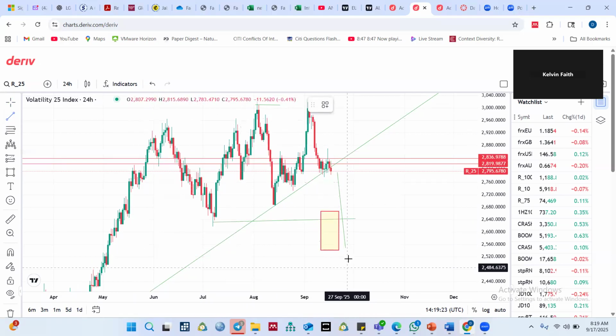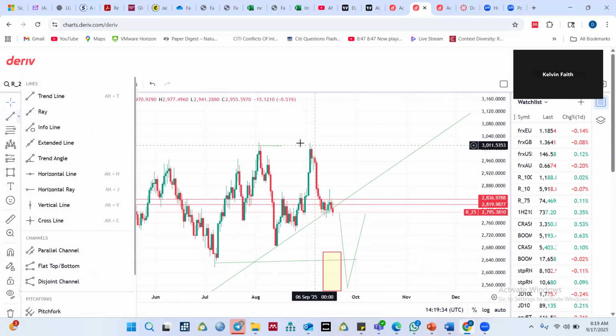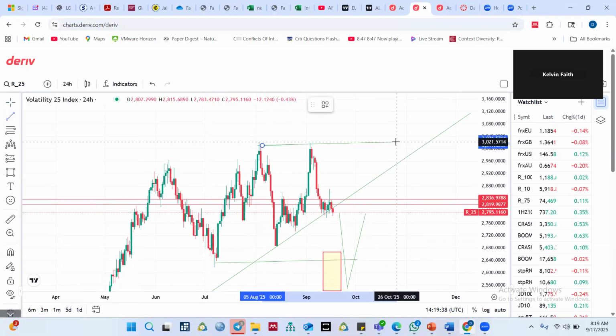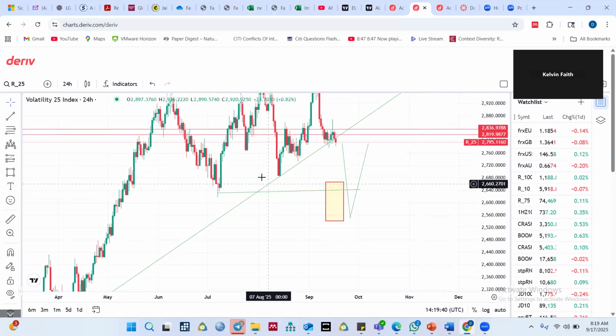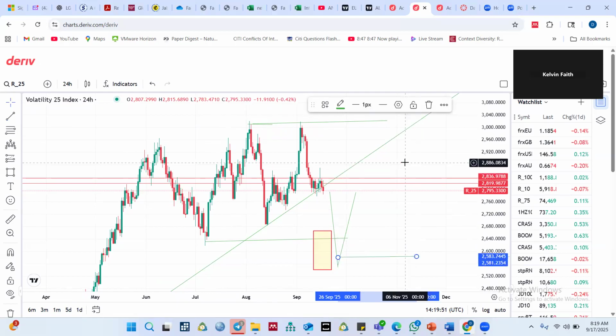With this scenario, we are going to expect some kind of a pullback into this zone or this range, which is from these highs here and then the low that it will give us after breaking this low, after closing below this low, which I can just assume, let's say, somewhere here.